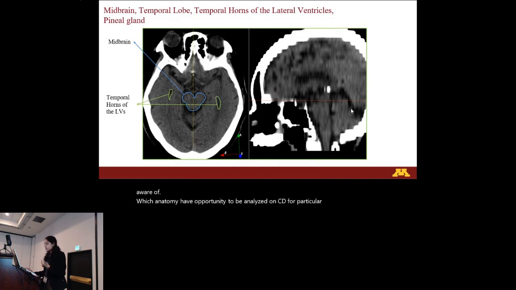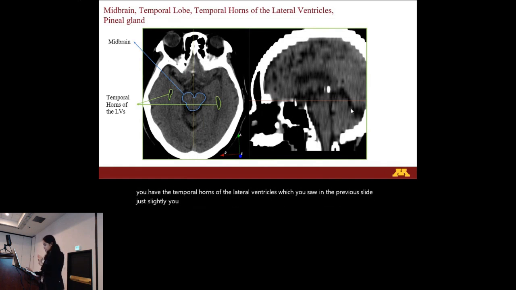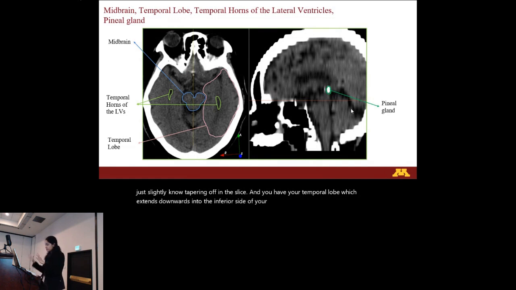And then you have the temporal horns of the lateral ventricles, which you saw in the previous slide, just slightly tapering off in the slice. And you have your temporal lobe, which extends downwards into the inferior side of your brain. And you have the pineal gland that's visible in the sagittal view, which is brightly calcified.